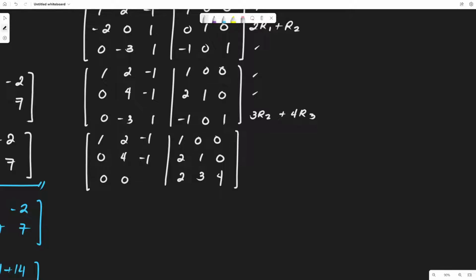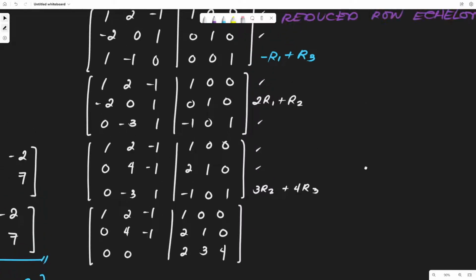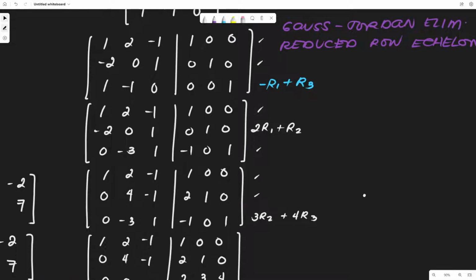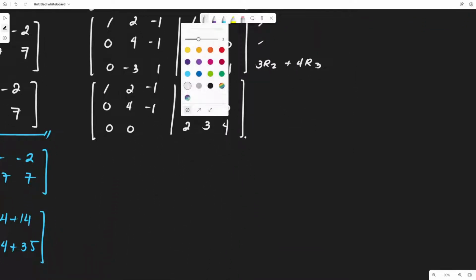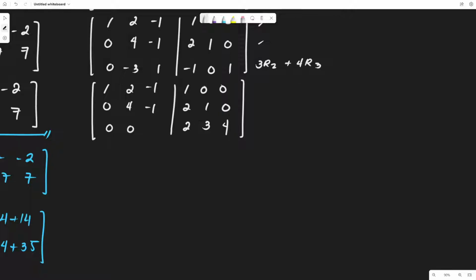So 2R1 plus R2. We have negative 2 plus 1, that's negative 1. Sorry, na duling lang. So we have here 3. Negative 3 plus 4 is positive 1.